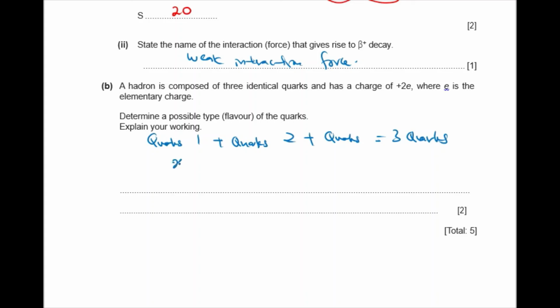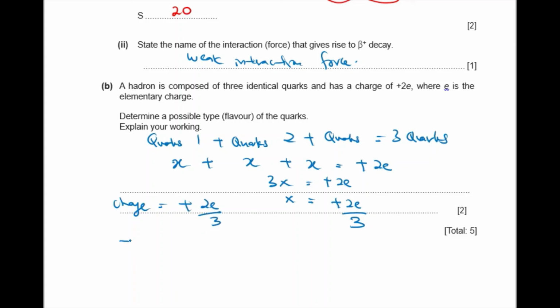For example, let's say X plus X plus X equals positive 2e. So we have 3x equals positive 2e, and then x equals positive 2e divided by 3. So this is the charge of this quark, positive 2e divided by 3, and the type of this quark is up quark.